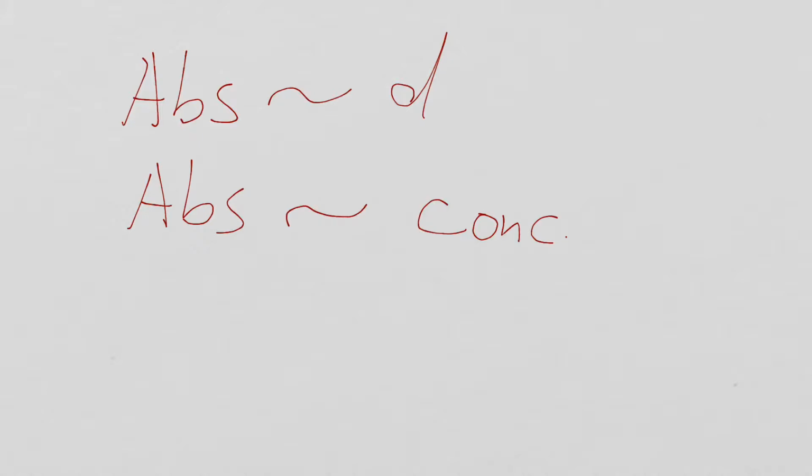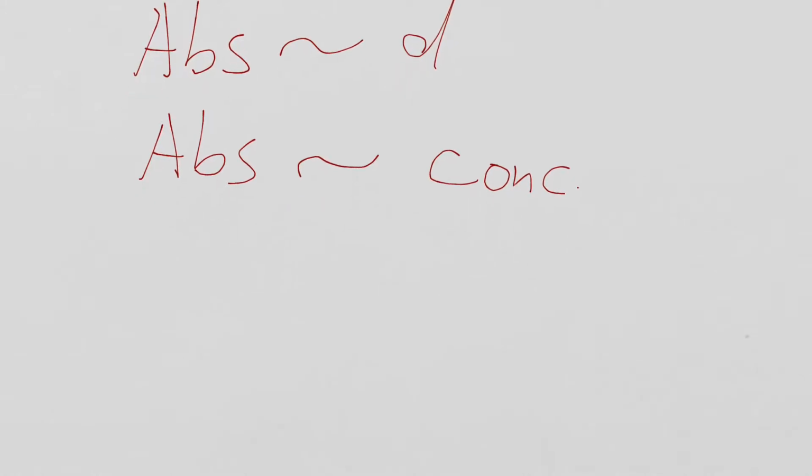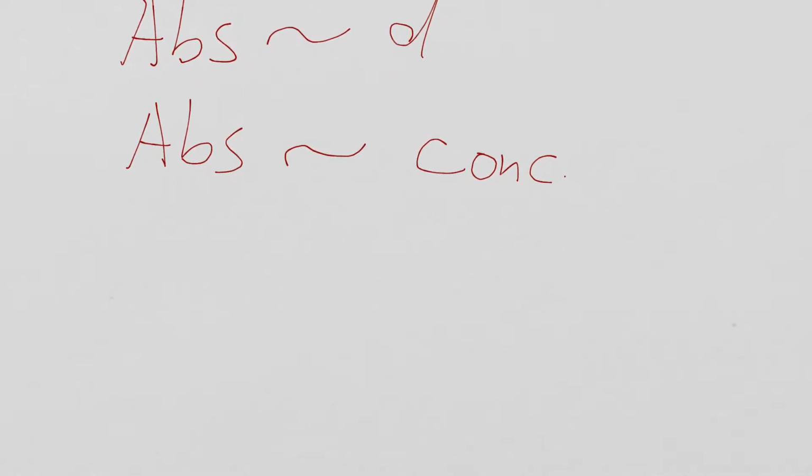And for that, in order to put things into an equation, we can write absorbance equals the concentration, and very often people just simply abbreviate that with a C for concentration, although in this case it's very, very dangerous because it could be the speed of light.